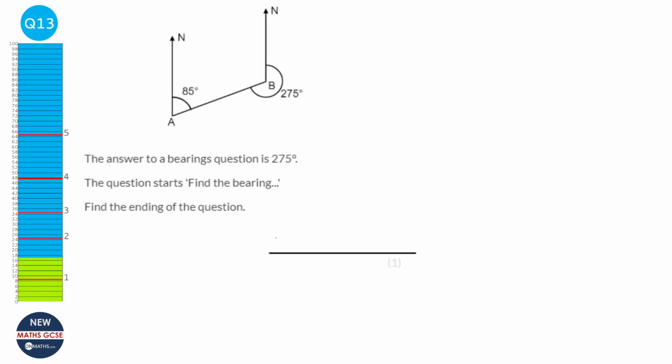Bearings questions are normally written as find the bearing of destination from a location. So you can see in this question here that the answer is 275. The line they're taking it from is this north line, and they're looking at this bearing here.